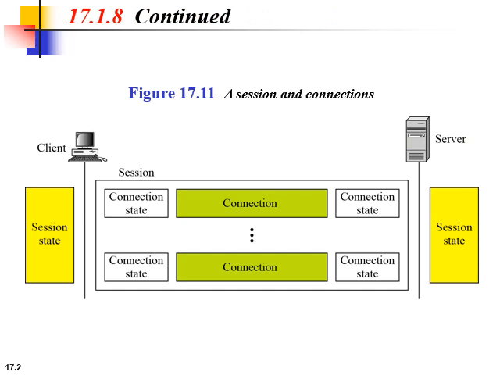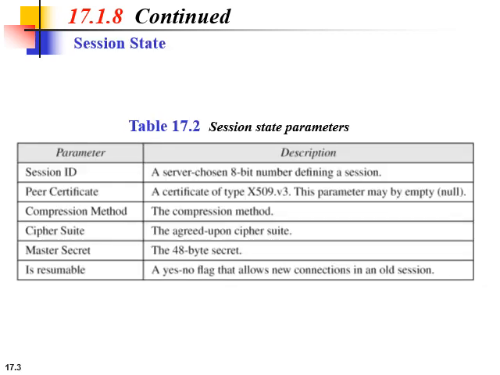By this diagram, we can easily understand the relation between a client and a server. There are session states, and there is a session going on between the client and the server. There are a few parameters that have to be maintained throughout a session.